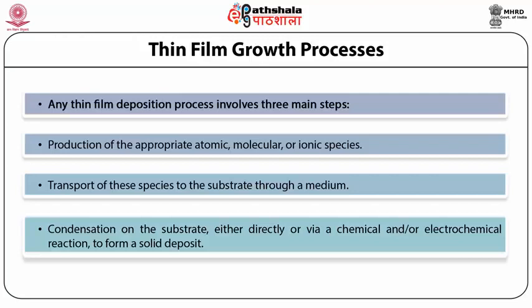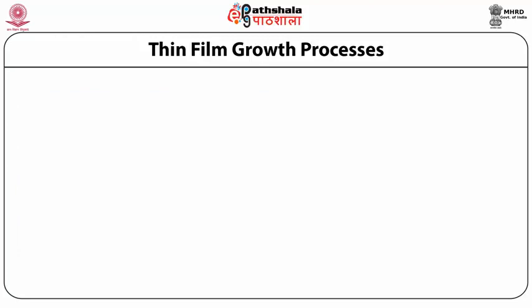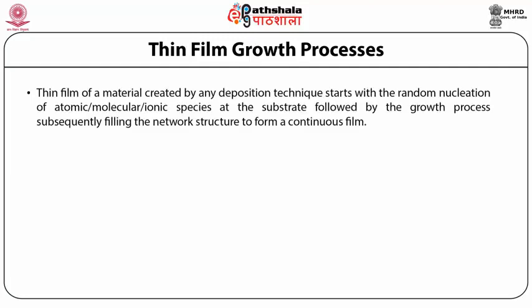So students, a thin film of a material created by any deposition technique starts with a random nucleation of atomic, molecular, or ionic species at the substrate, followed by the growth process, subsequently filling the network structure to form a continuous film.